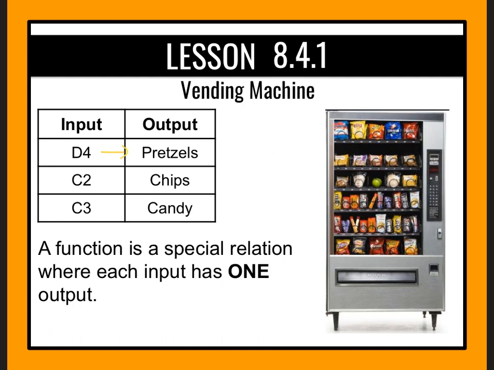If I enter C2, that specifically is tied to chips. If I enter the code C3, that's specifically tied to a candy. So a function is a special relationship where each input has only one particular output. Here, that code is connected to one output value only.